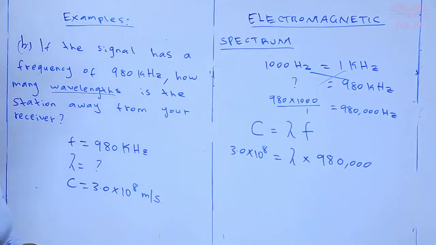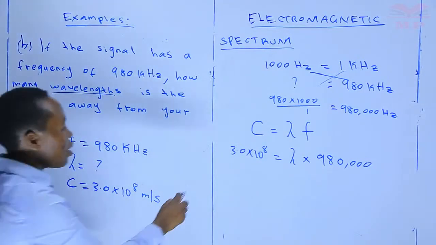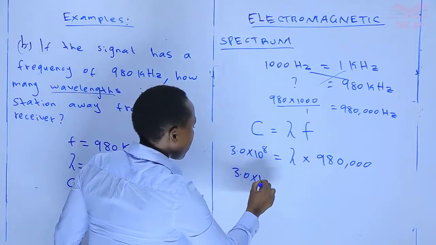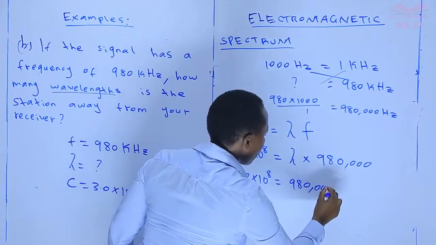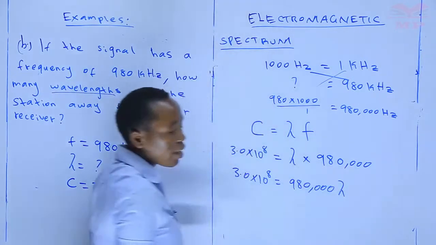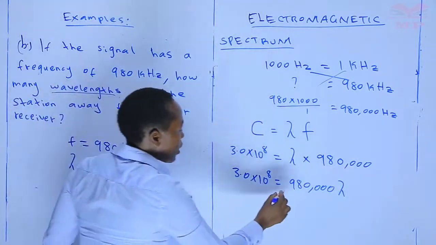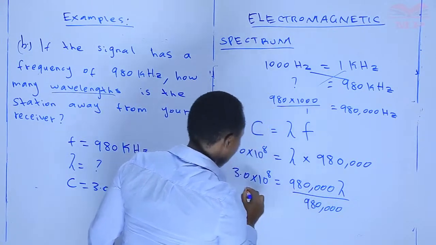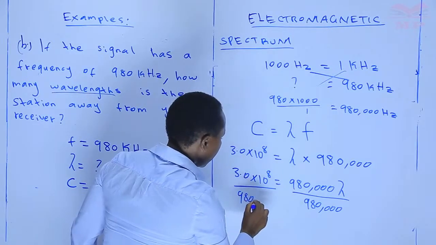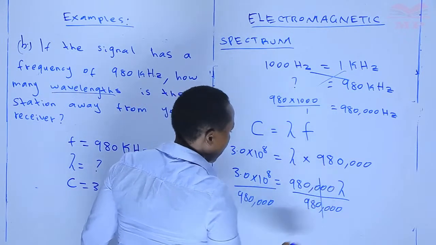So we make wavelength the subject. To get lambda, we divide both sides by 980,000, and this will cancel.